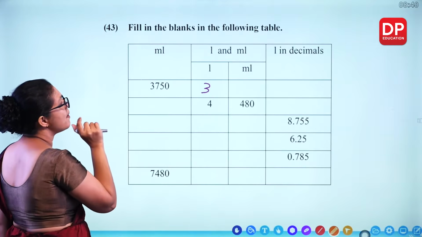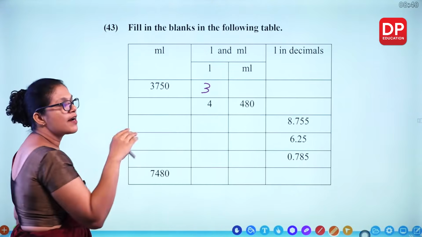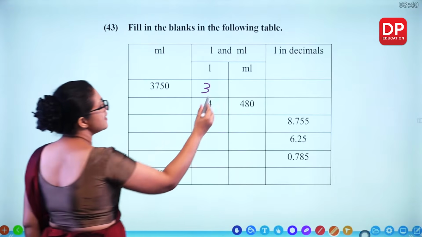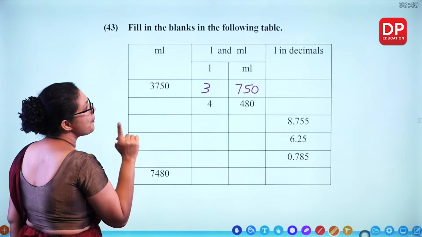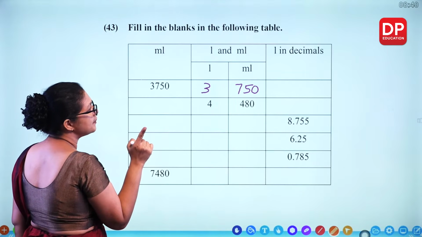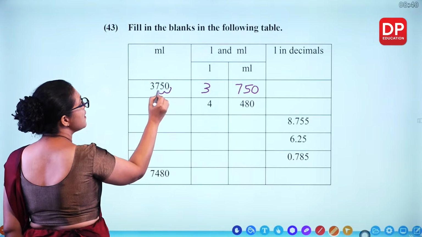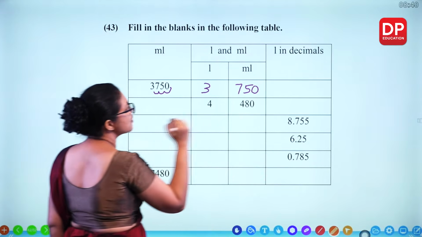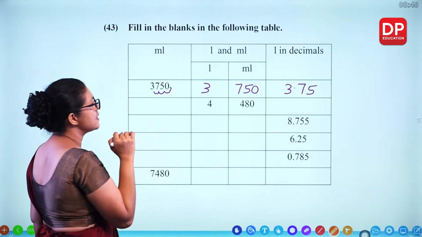So when you divide by 1000, you get 3.750, so 3 liters and 750 milliliters separately. So I can write 750 milliliters. Then how many liters? That means divide by 1000. So 3 places to the left. 3.75 liters.